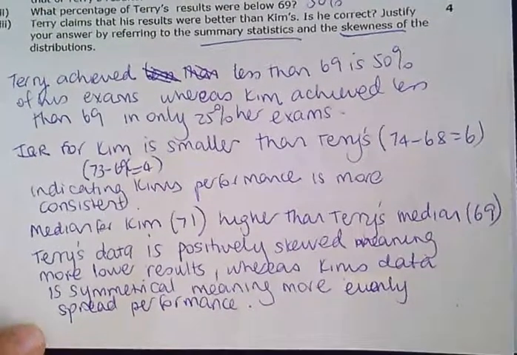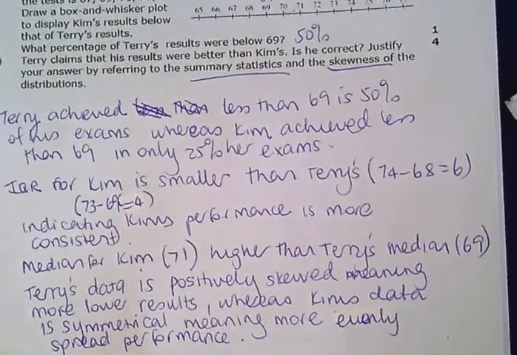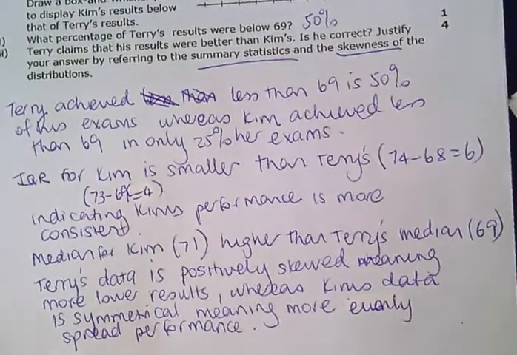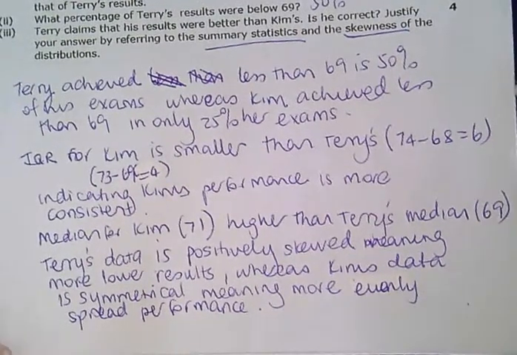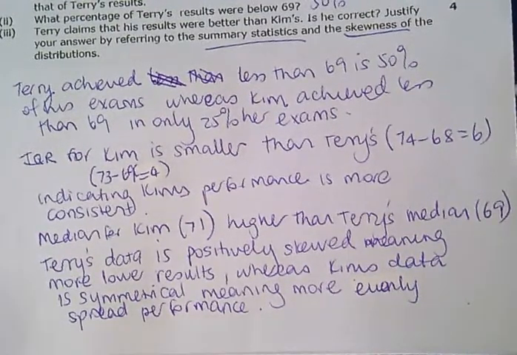So we can say even though Terry's highest mark is 1 more than Kim's, do you know what I mean? All of these points indicate that Kim's performance is better.